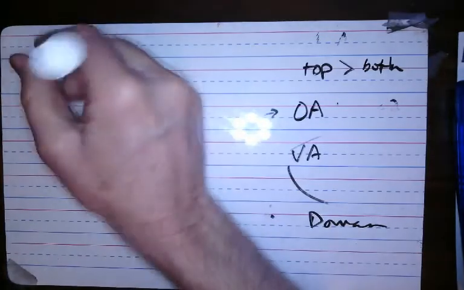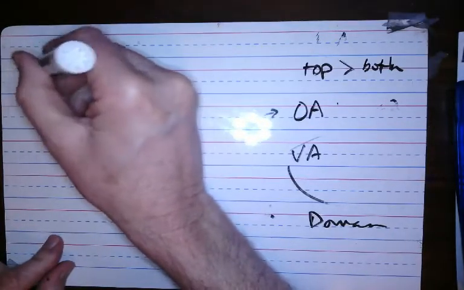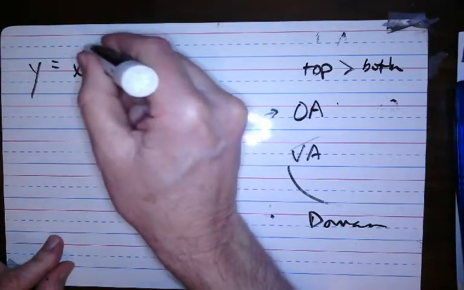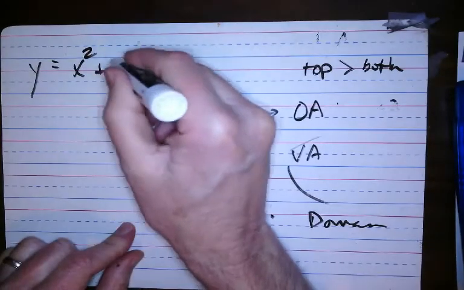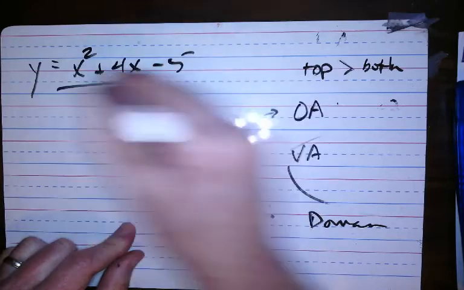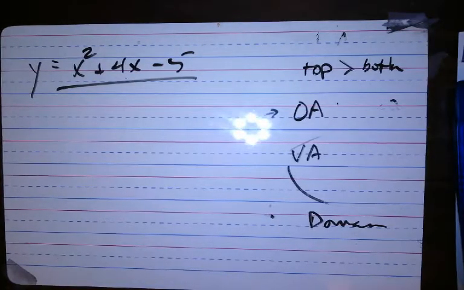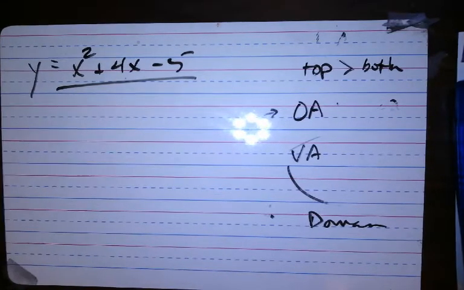Here it is. So y equals x squared plus 4x minus 5 divided by, let's see, where'd it go? I lost it already.